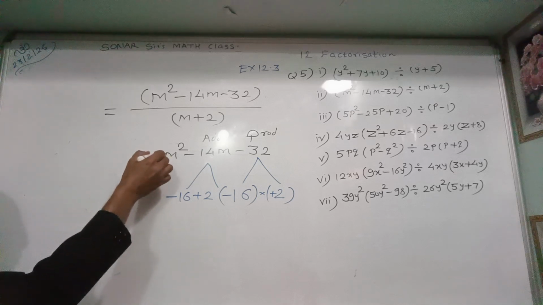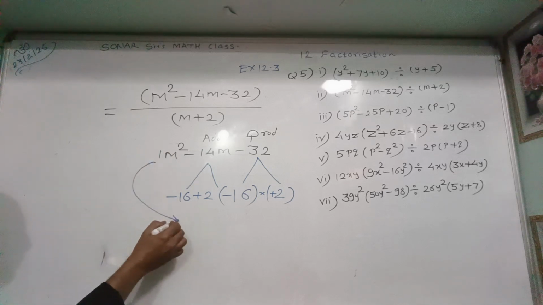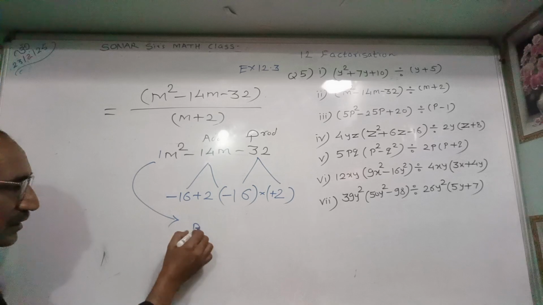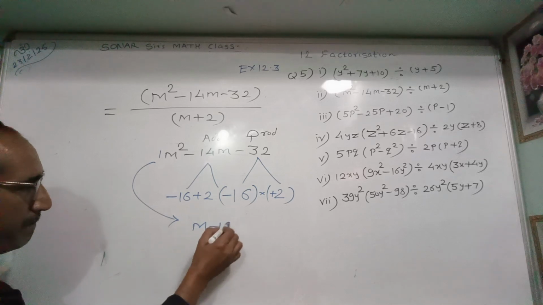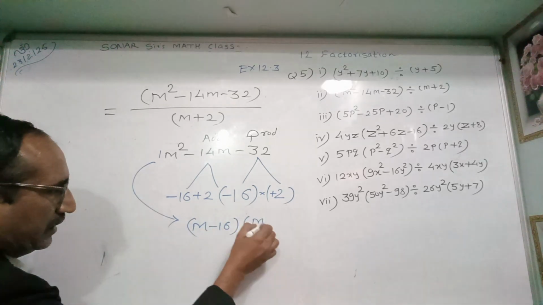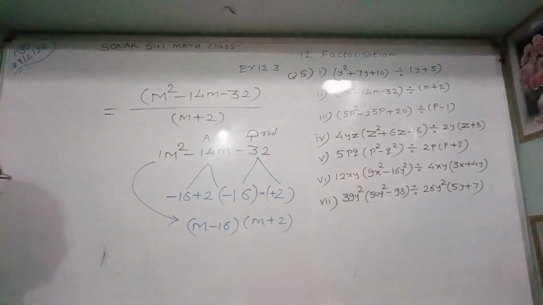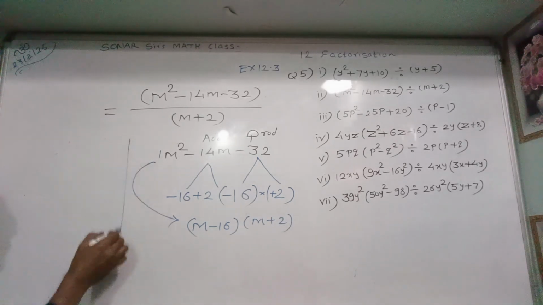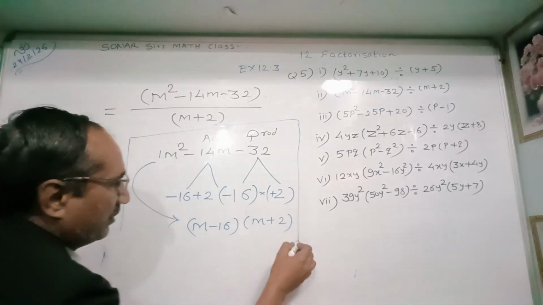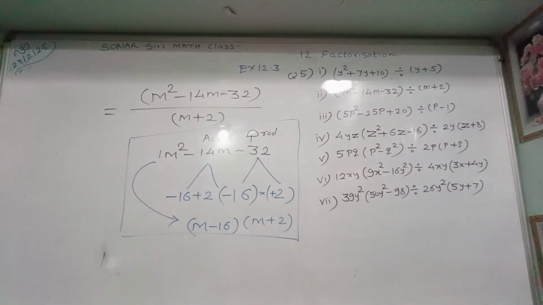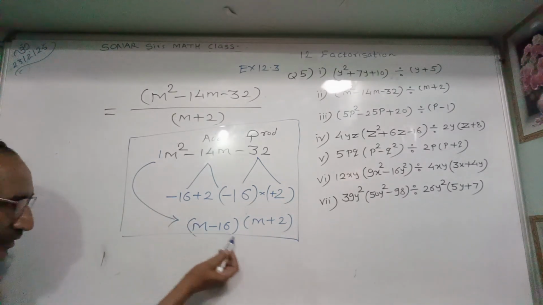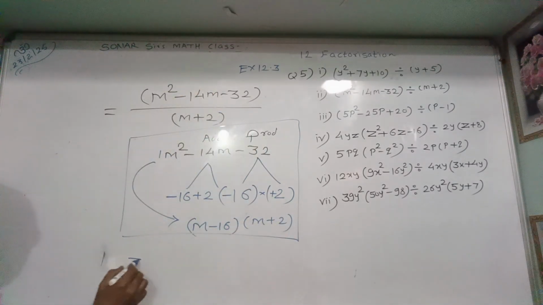Again, as the coefficient of m square is 1, we can directly write down these factors as m minus 16 and m plus 2. So this is the part where we found the factors. Now we'll substitute these factors in the question.